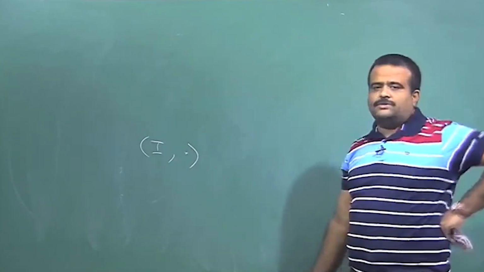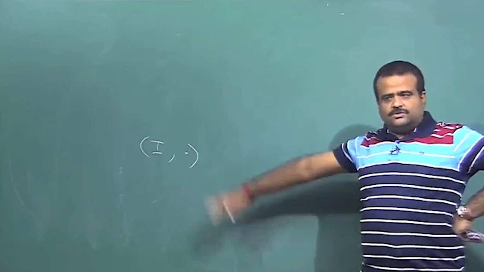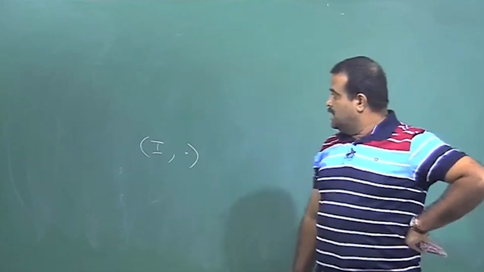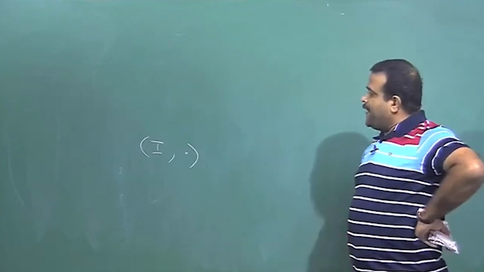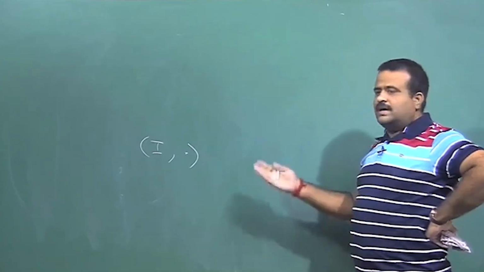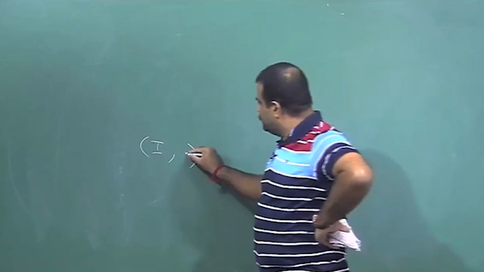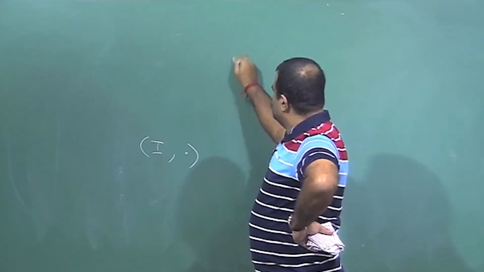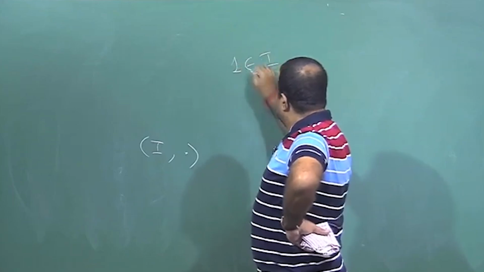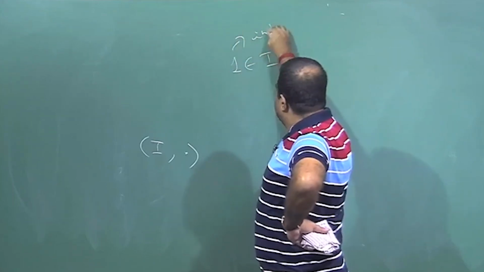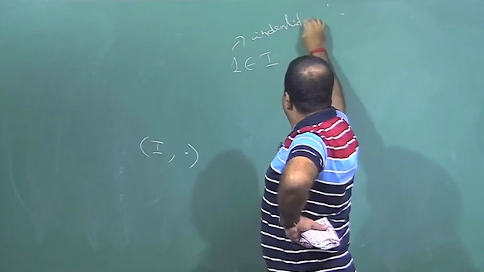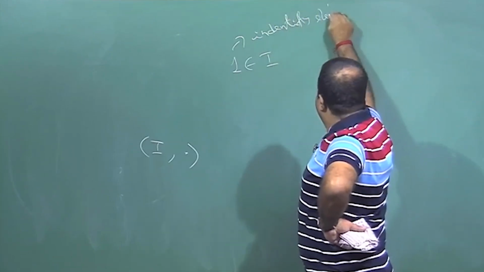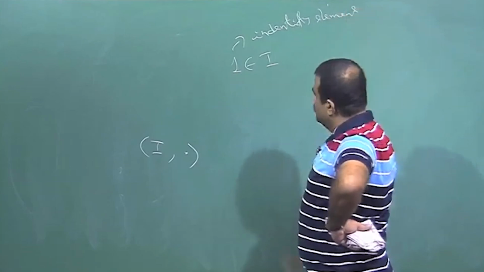So, closure property is okay, associativity is okay, coming from the associativity law of real numbers, and then existence of identity. What is the identity element for multiplication? It is 1 basically. So, that is also okay, 1 belongs to I. So, this is the identity element. So, this is also okay.